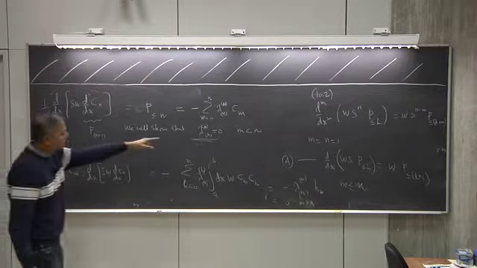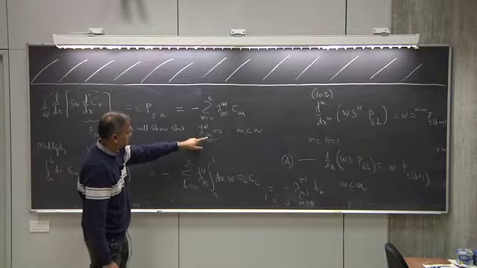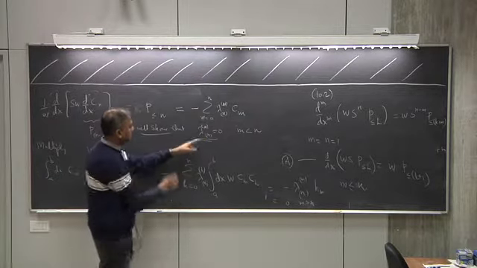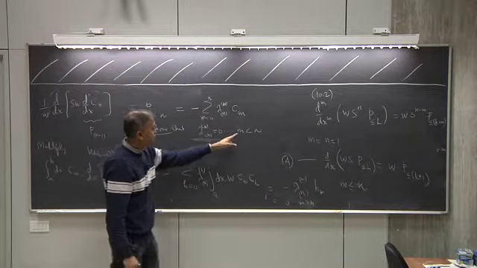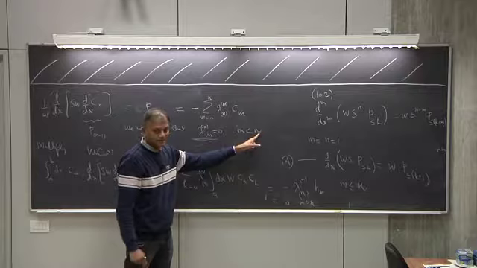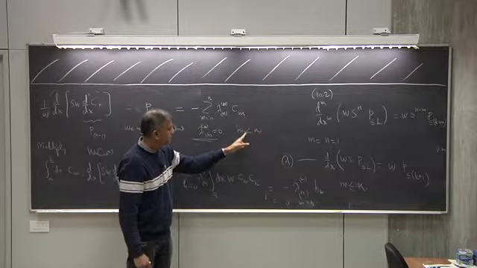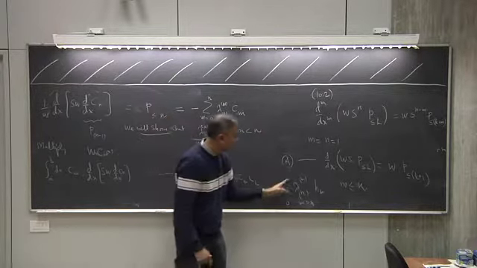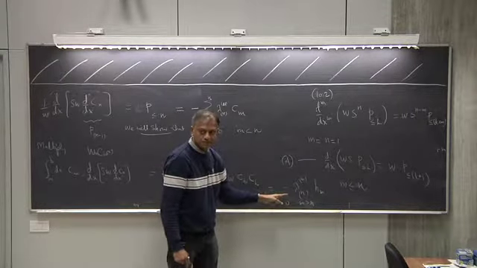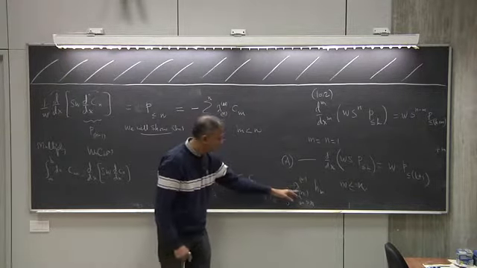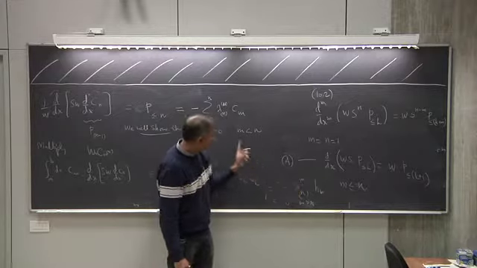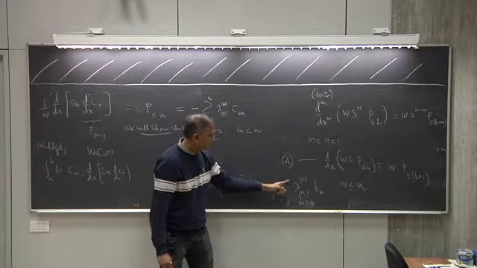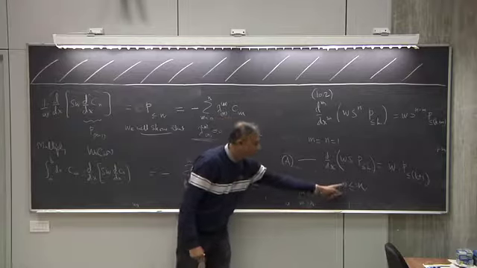So now if we want to show this relation, this is what we want to show, that lambda mn should be 0 for m less than n. However, what we are seeing is that for m less than or equal to n, it is this formula. I mean this integral is that formula. So if this is 0 for m less than n, then this should also be 0 for m less than n.